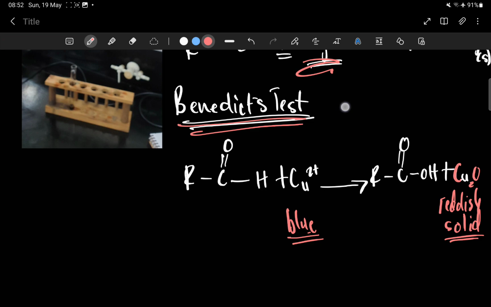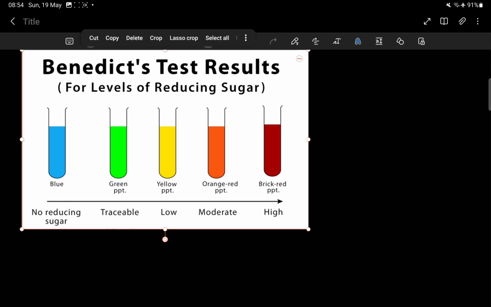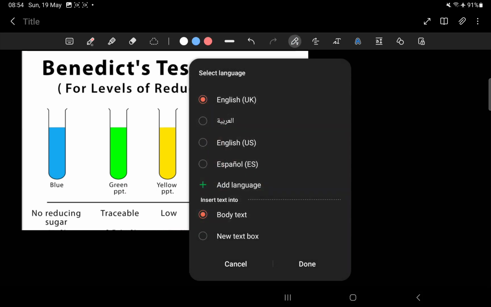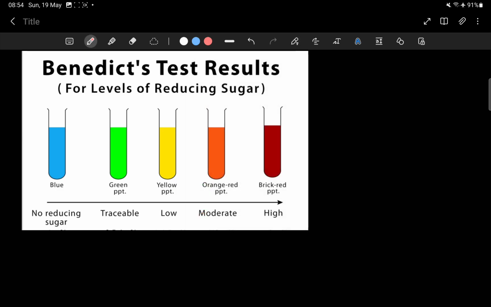Okay? If you want to see a picture, let me show you a picture of Benedict. All right, so here is our Benedict, and it's used for reducing sugars. But in this case, in chem, of course, we'll be using sugars that have an aldehyde. They need to have an aldehyde trace in them, and what we are actually testing for is the aldehyde, and what we'll end up getting is this brick red.